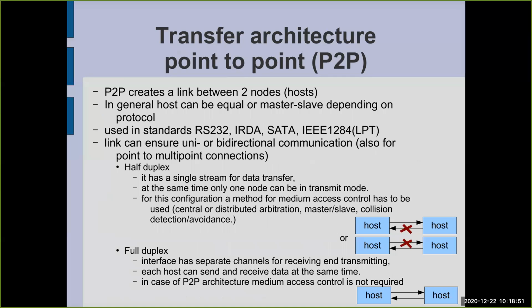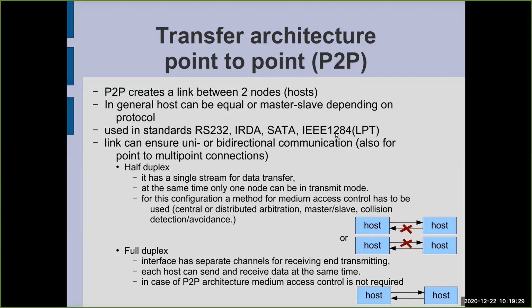So the most commonly used architecture for computers is something which is called point-to-point. So point-to-point means that we have only two nodes, two hosts, and data is exchanged between them.